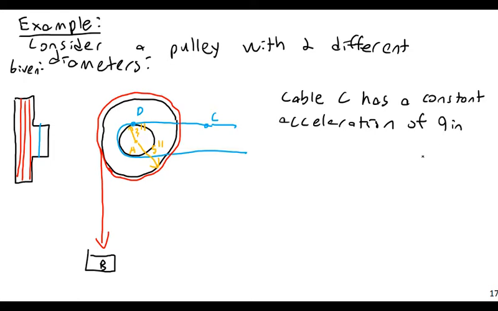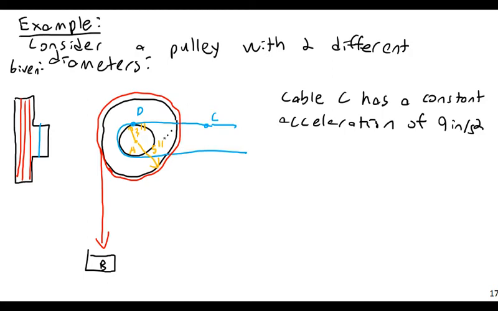So what that means is it has a constant linear acceleration of 9 inches per second squared. How did I know that was a linear acceleration and not an angular acceleration? When I say cable C has a constant acceleration of 9 inches per second squared, how do I know that's an a and not an alpha?